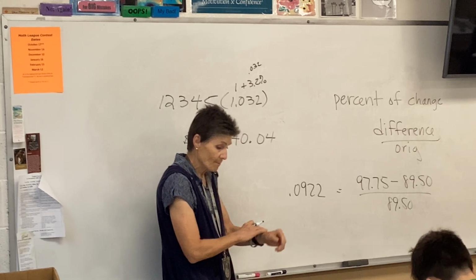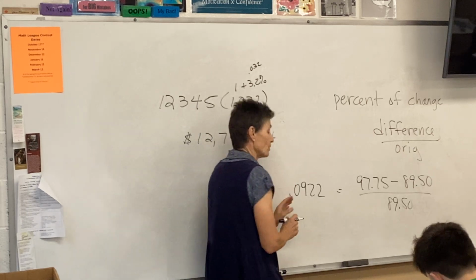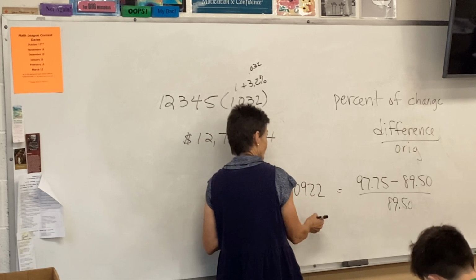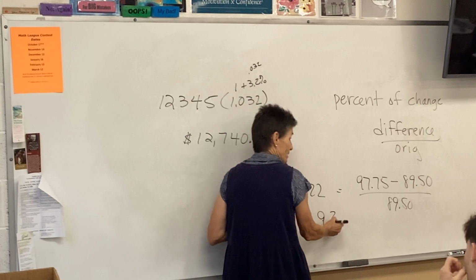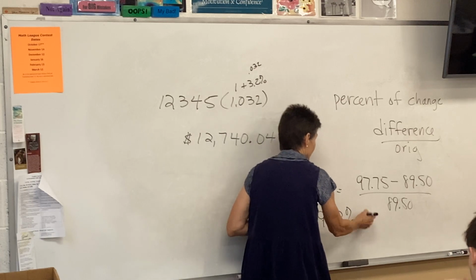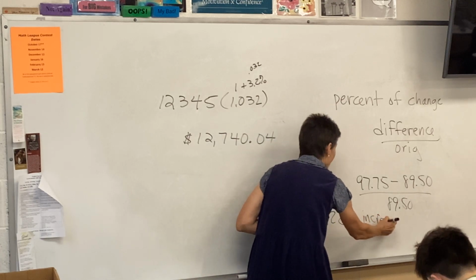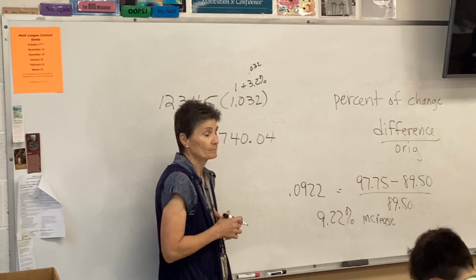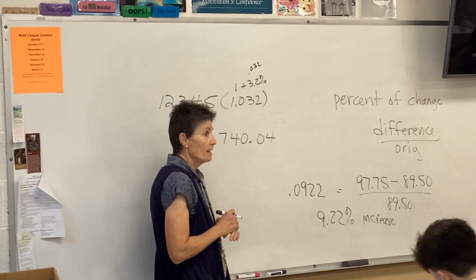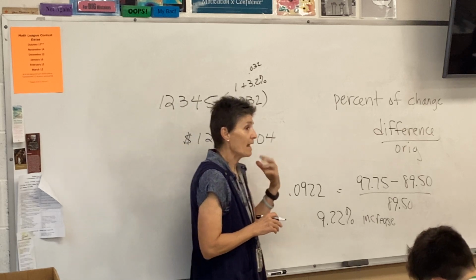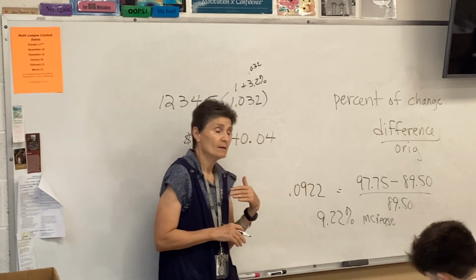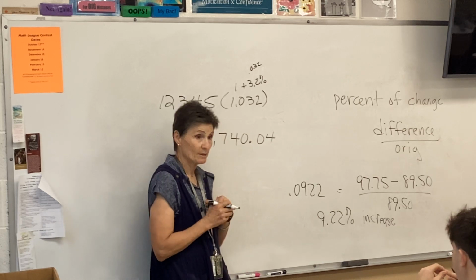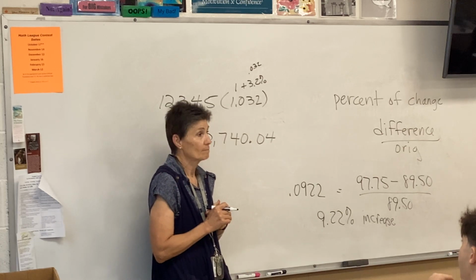It says, find the percent of increase. What percent did this book go up in price? 9.22%. There was a 9.22% increase. If the price is going down, you would calculate it exactly the same way, but it would be a decrease then, obviously.